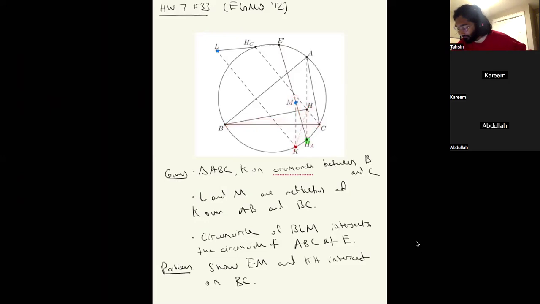So the very first reduction was that instead of showing that EM, BC, and HK all intersect, you can reduce to showing that E, M, and H_A are collinear. So the very first reduction we made is that this problem is equivalent to showing that E, M, and H_A are collinear.